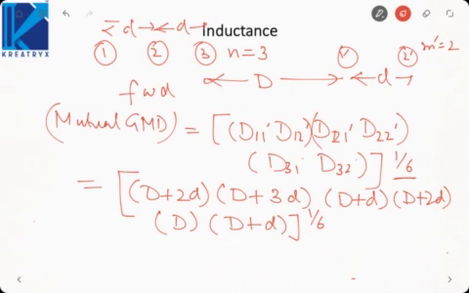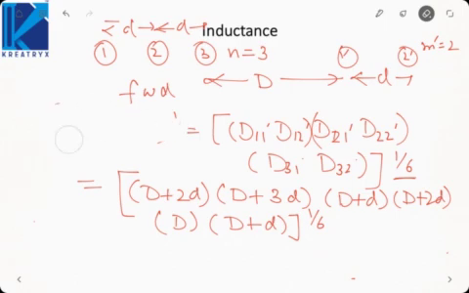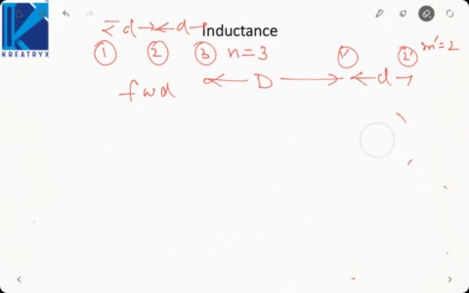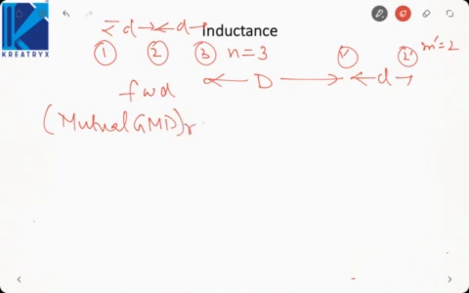Now since mutual inductance M12 is equal to M21, so whether you calculate mutual GMD from the forward path or from the reverse path, it will be same. How? Suppose I was calculating mutual GMD from the return path. Then how will I take mutual GMD from the return path? We will take d 1 dash 1, 1 dash 2, 1 dash 3.